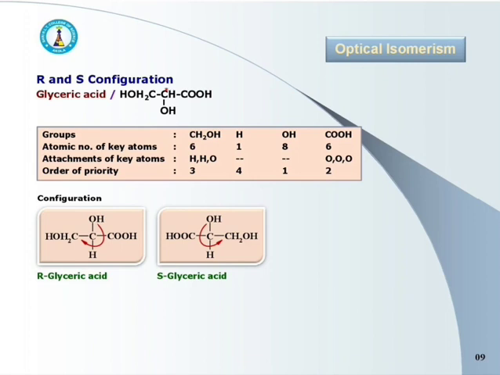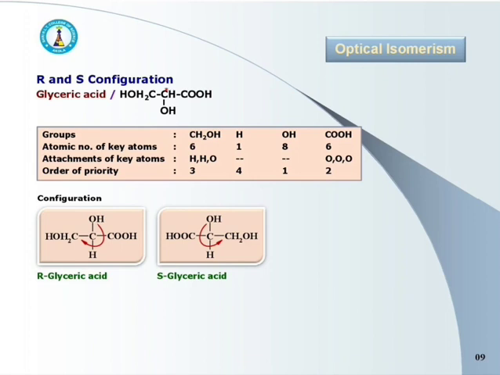Now the attachments of key atoms of groups having similar atomic numbers, that is for the carbon. For the CH2OH group, the key atom has attachments hydrogen, hydrogen, oxygen, whereas in the COOH group, the key atom carbon has attachments oxygen, oxygen, oxygen.